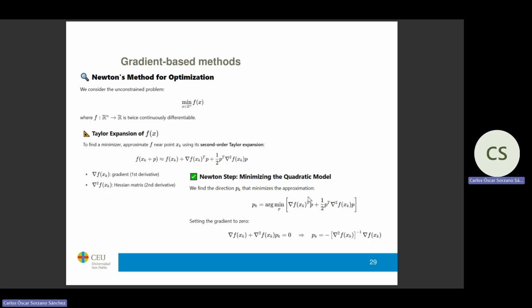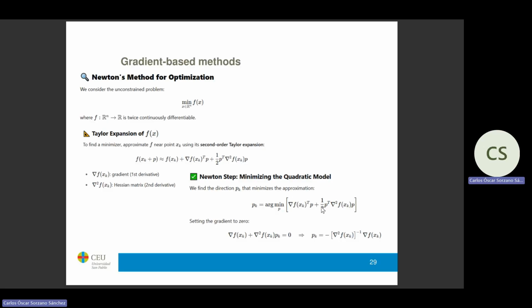Now we have to compute the gradient of this with respect to P. With respect to P, this is a constant, and the derivative of a constant is zero. Do you remember in the first lectures we introduced vector calculus and matrix calculus?